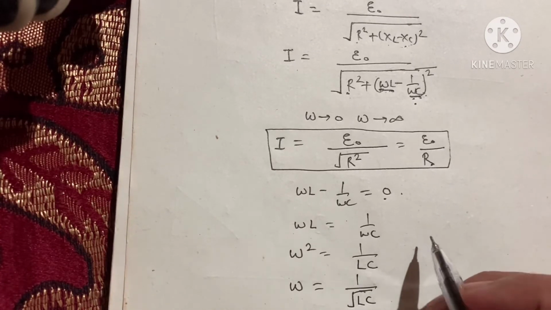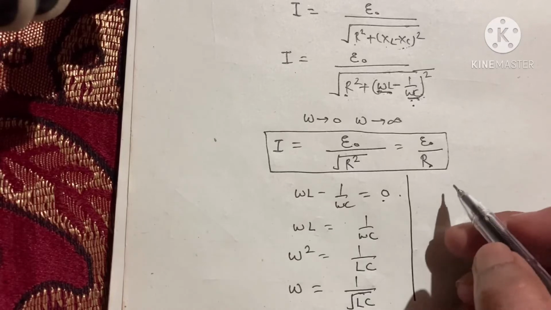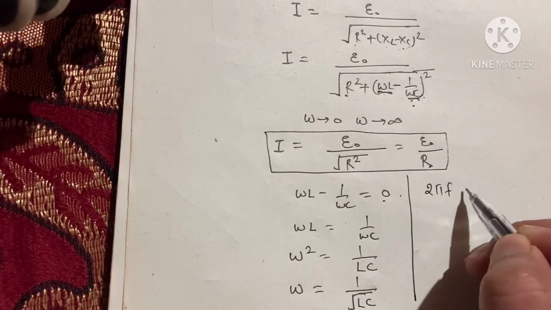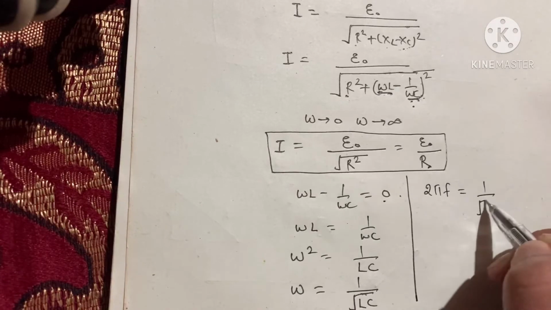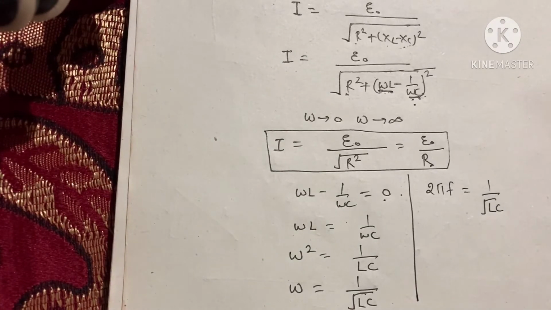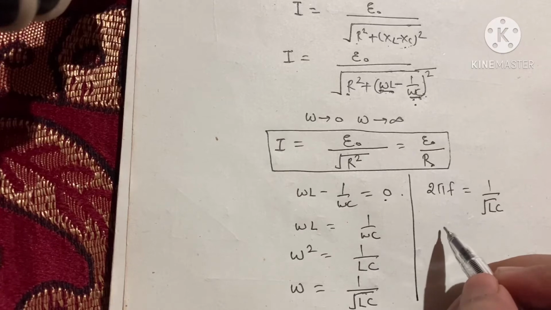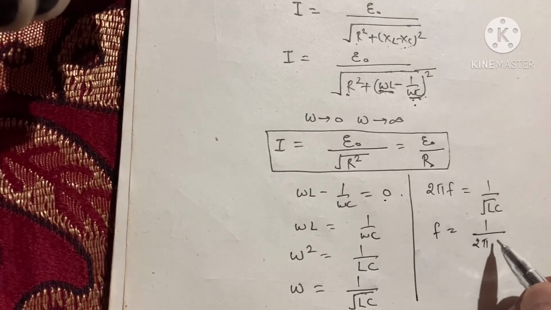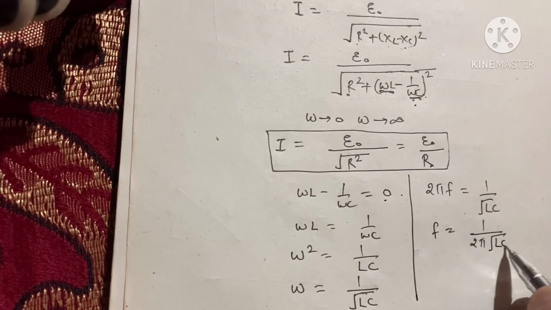This implies that omega, which is 2 pi f, is equal to 1 upon root LC, and therefore f is equal to 1 upon 2 pi root LC.